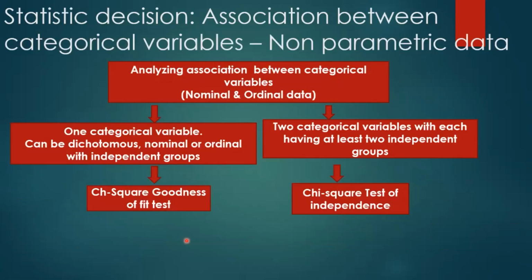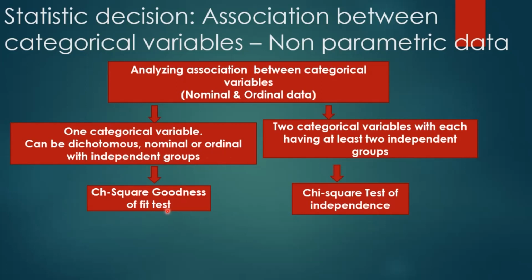Now let's go ahead and look at other types of data. We have association between categorical variables. I've mentioned this one earlier, it is the chi-square. One categorical variable can be dichotomous. When you have different groups of the variable, if one categorical variable is dichotomous, nominal or ordinal with independent groups, they use chi-square goodness of fit.